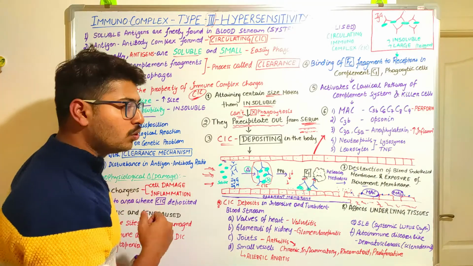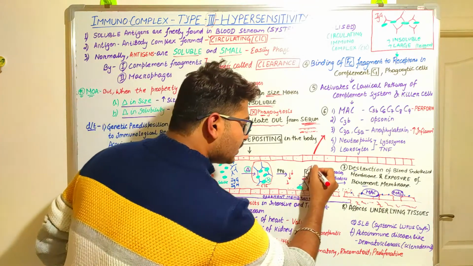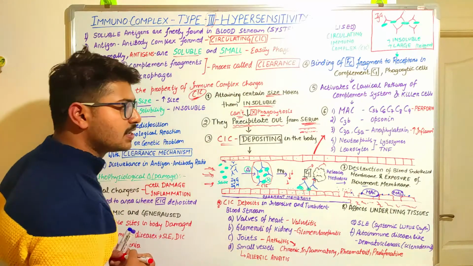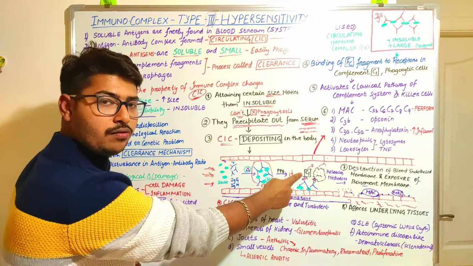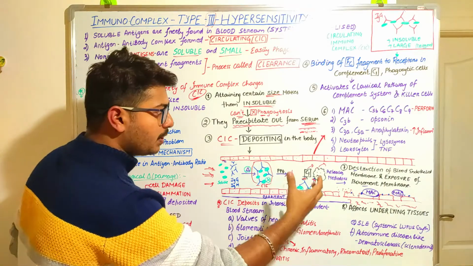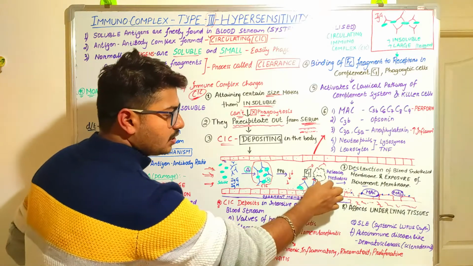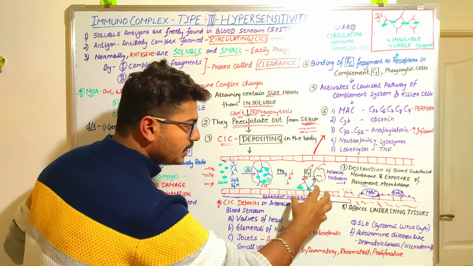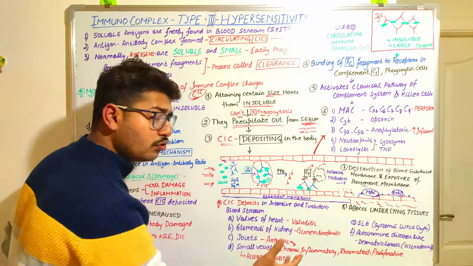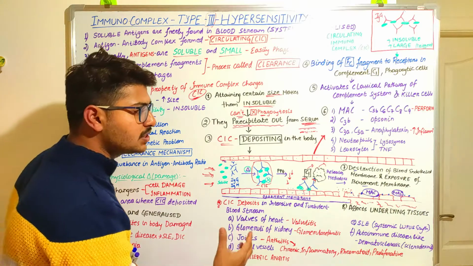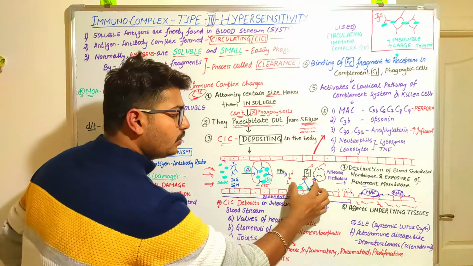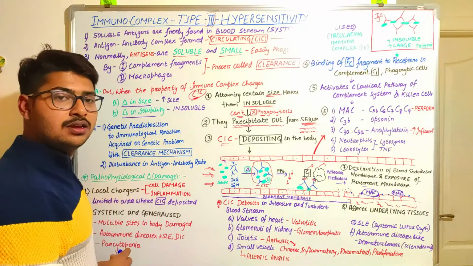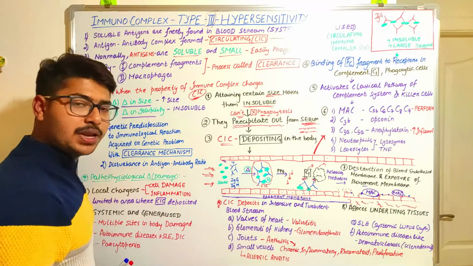So what will they do? They are going to activate certain cascades of reactions, like activation of the classical pathway of the complement system, and the cytotoxic cells present in the blood vessels, like neutrophils, leukocytes and macrophages, are going to produce some kinds of mediators that are going to destroy this antigen antibody complex.